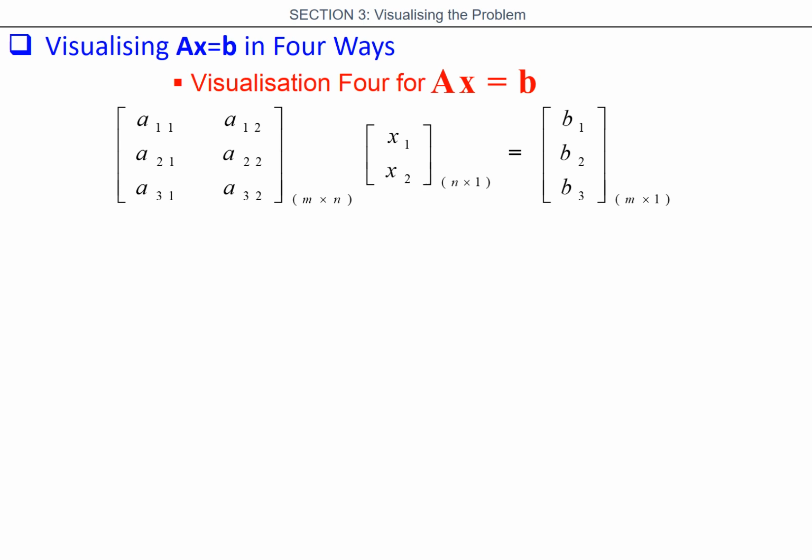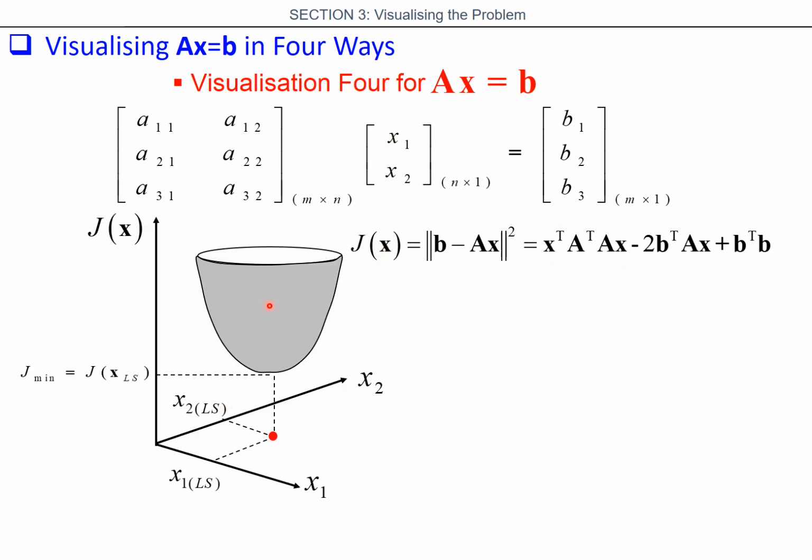Okay, here's visualization 4. So if we take the objective function that we're trying to minimize, and we write it like this. Don't forget, for vector x, we put in x1, x2. So what we've got here is a quadratic in two variables, x1, x2. So we can plot this, and it looks like this.